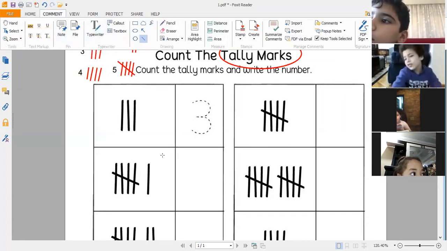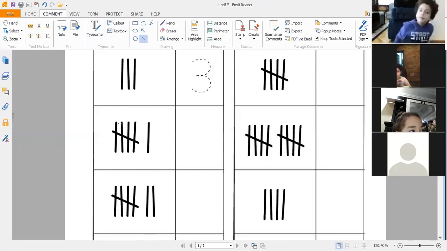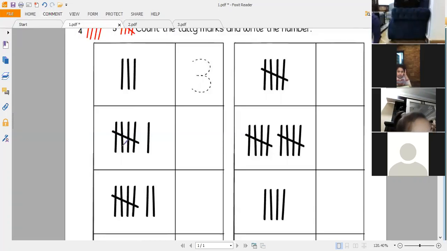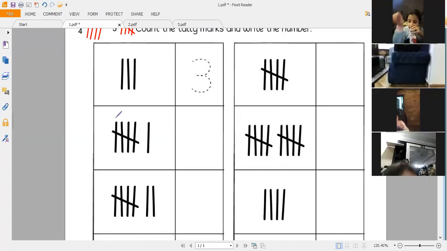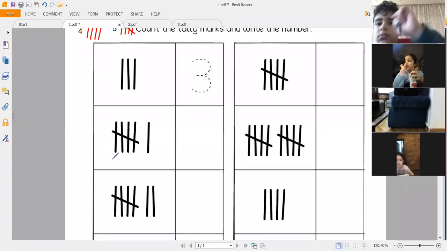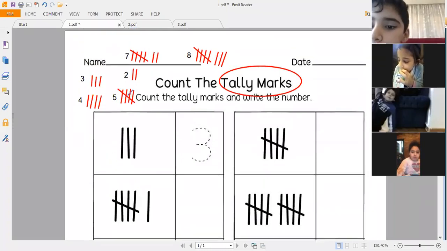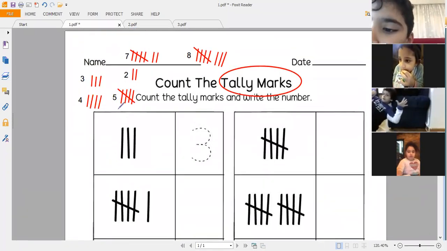The second one, which number? We said that this shape, crossed with a line, means number 5.